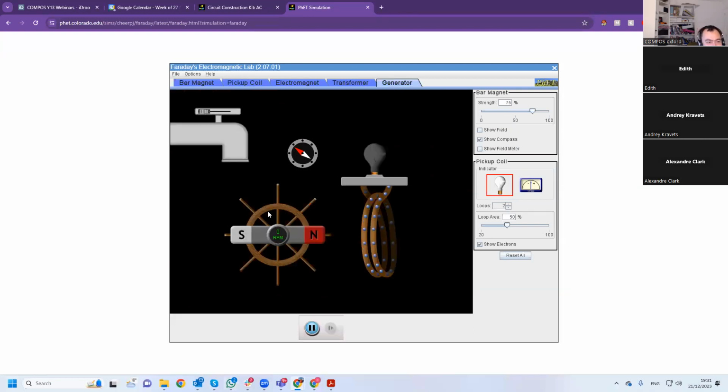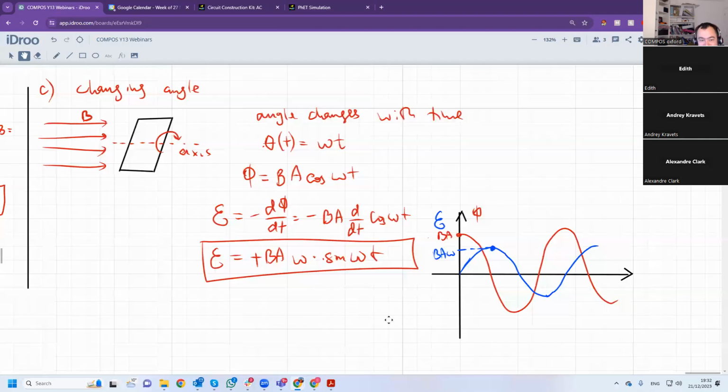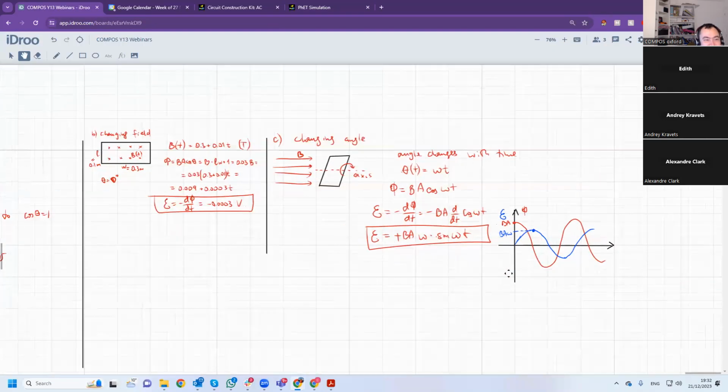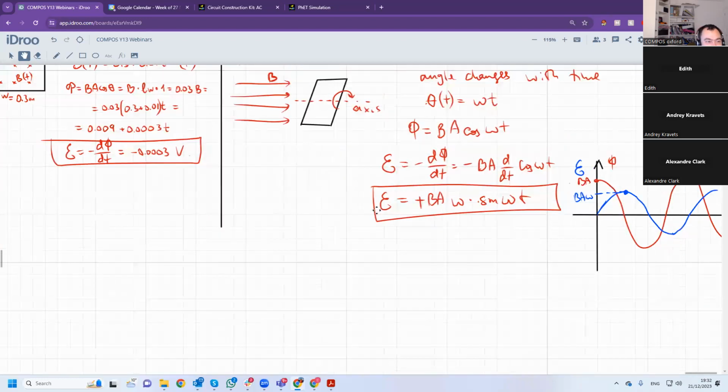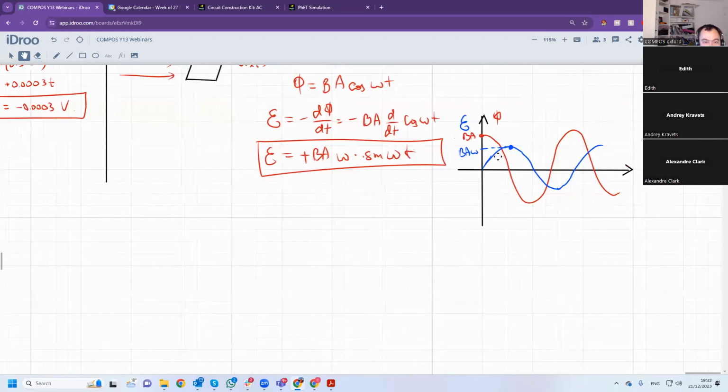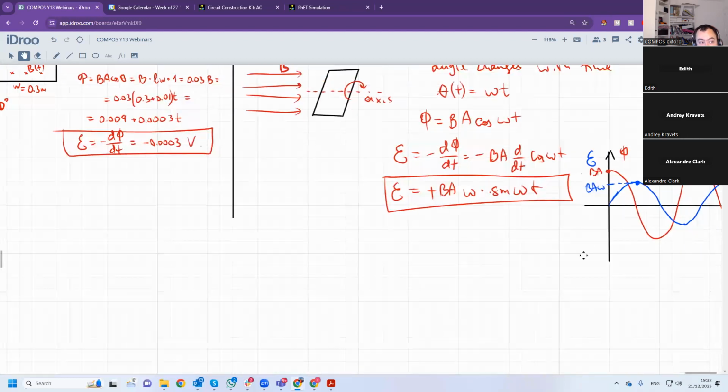Look, we take a magnet. Well, this is not the ideal example, but we take a coil and we spin it near a magnet, and that's how we generate electricity. And the output of that coil is going to be a sinusoidal wave, a sine wave. The blue is the voltage and the current in the coil as well.